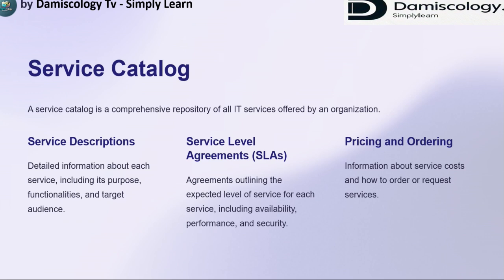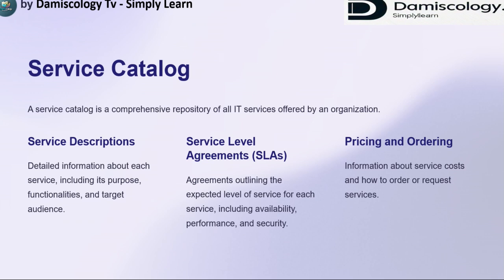Some of the information contained in the service catalog are the service descriptions, the service level agreements, pricing and ordering, service impact, service priority, and so on and so forth.